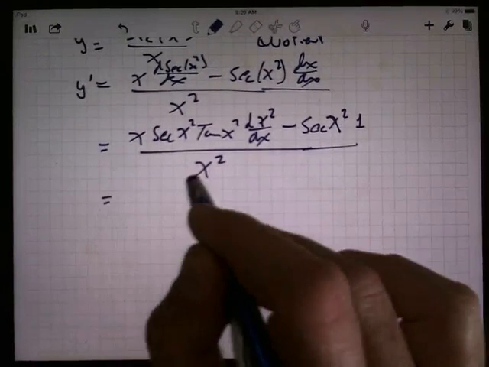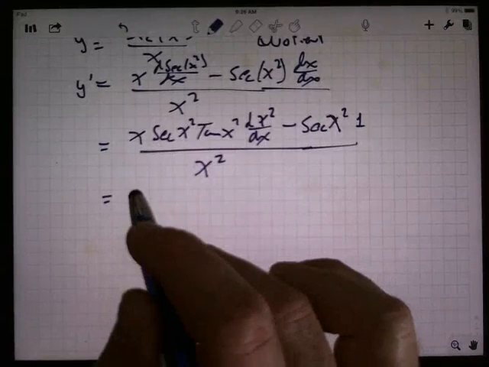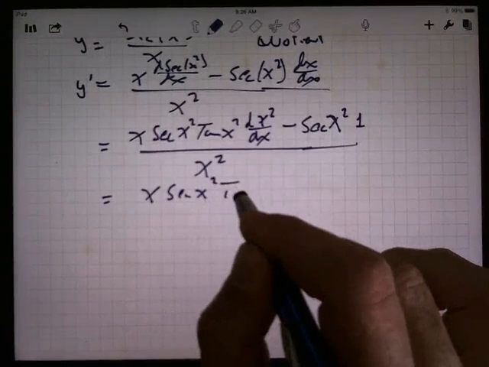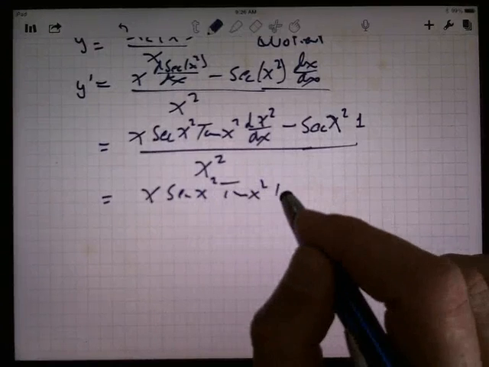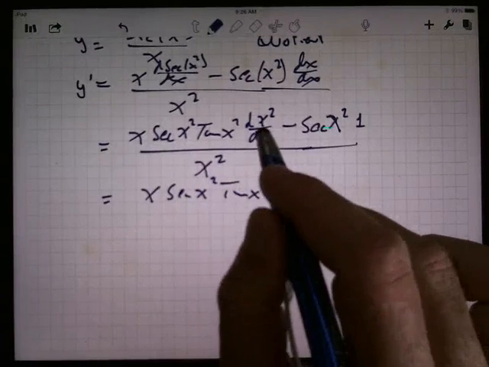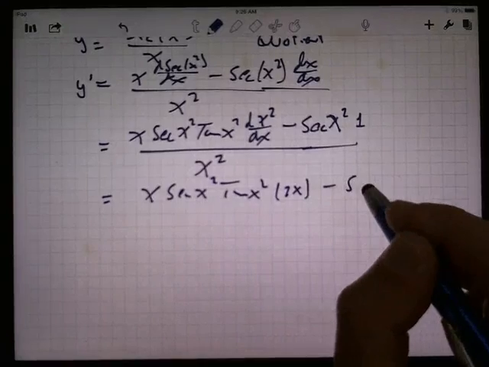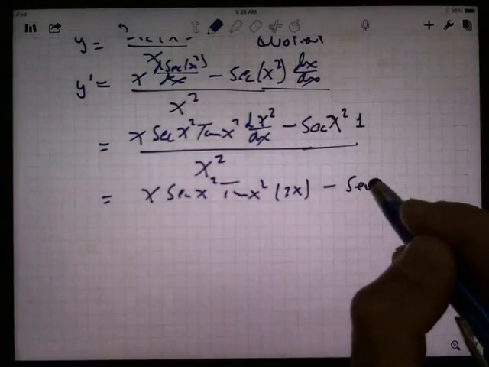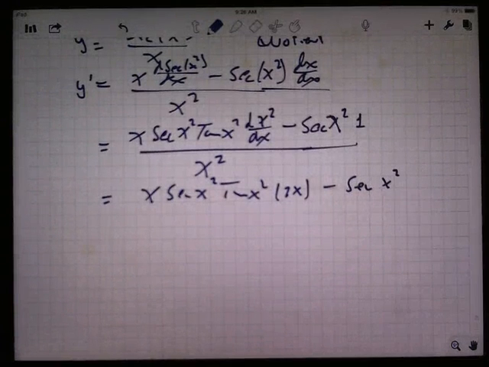And now I have one last thing to do here. I've got an x, secant x squared, tangent x squared times 2x, because that's the derivative of x squared, and then a minus secant x squared.